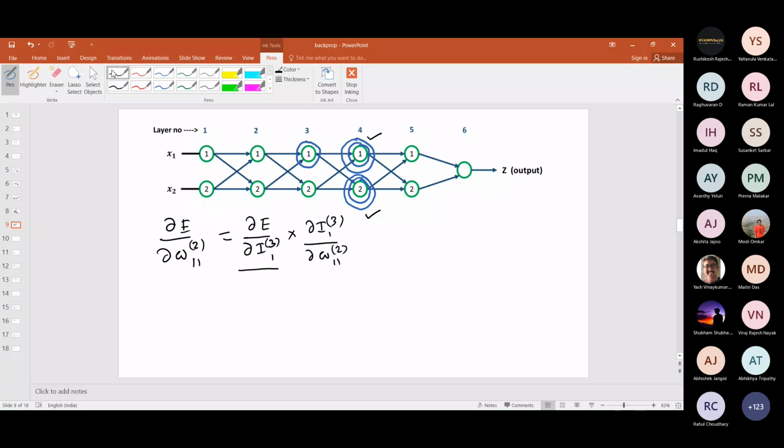I can write it down in this way, that del E del I31, because this is the one which I need to pay attention to, because the other term is relatively easy to compute. So this is equal to what? I just use the shorthand notation delta 31, which I used.